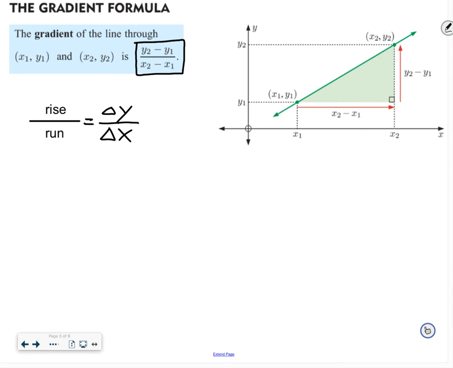Okay, so if we do y2 minus y1 over x2 minus x1, subtracting numbers gives us the change, so we can calculate the gradient algebraically if we can't graph things. Okay, so you can see from this model here, given any point x1, y1, and x2, y2, to get the height of it, it's going to be y2 minus y1, and the length of it is x2 minus x1.